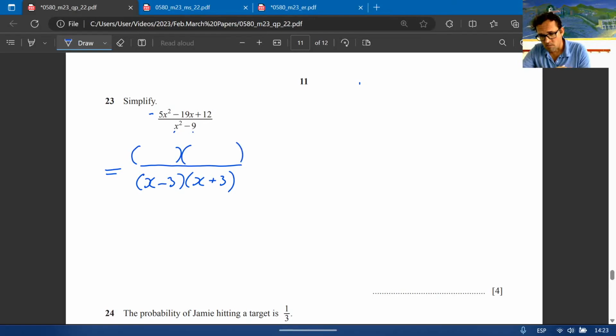But we know we're going to have a 5x and an x, because 5x times x is 5x squared. So we got that covered. Then we got 12. Now to get to 12, we can do 2 times 6, 3 times 4, 1 times 12. But I bet you it's going to be 3 times 4 because we got 3's at the bottom. So that must be a 3 and that's a 4 because 4 times 3 is 12.